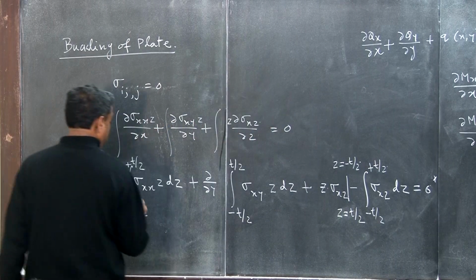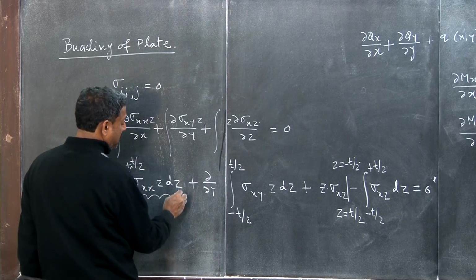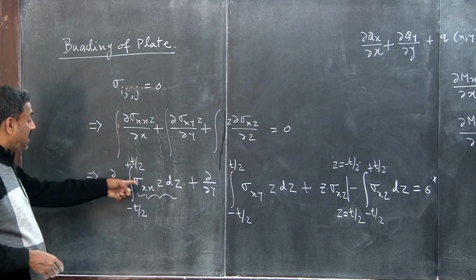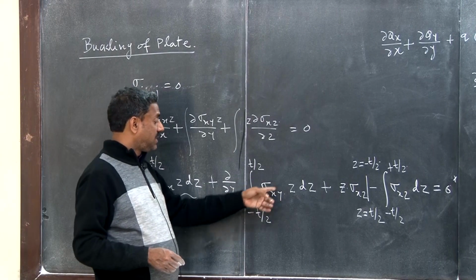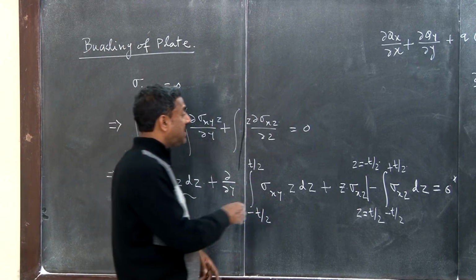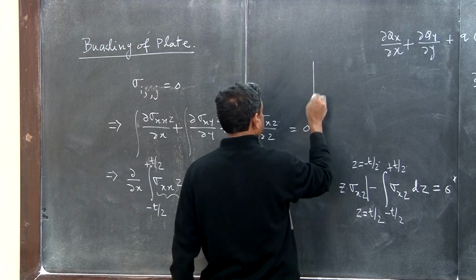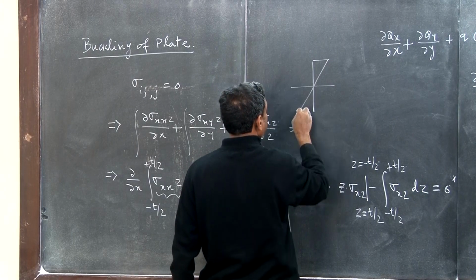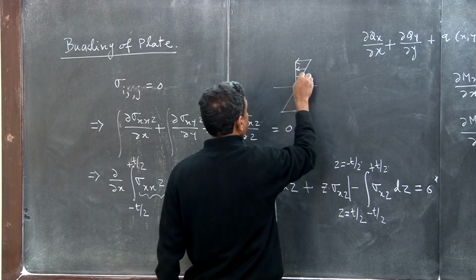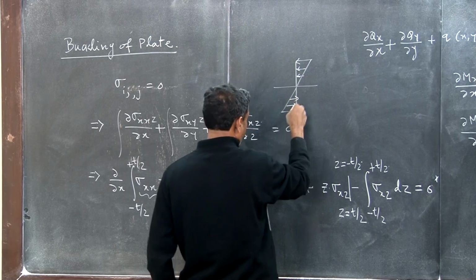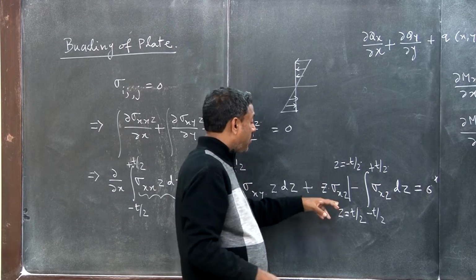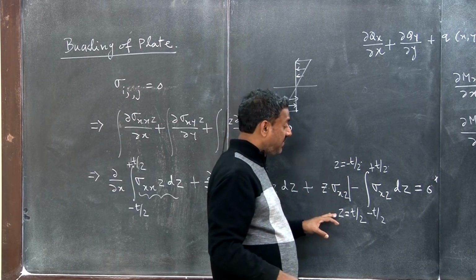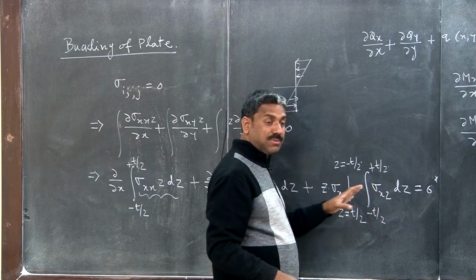So here you see, sigma xx multiplied by z dz is nothing but Mx. So del Mx by del x. This is nothing but Mxy, because there are stresses and you are taking the moment. And then in the top and bottom surface, if there is no traction, this will vanish, and the integral of sigma xz dz is nothing but Qx.